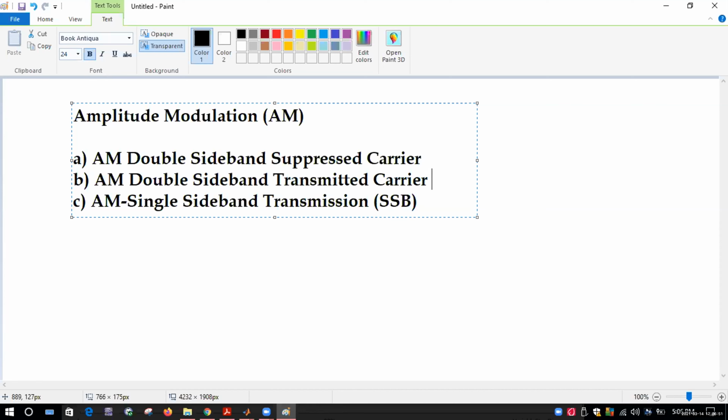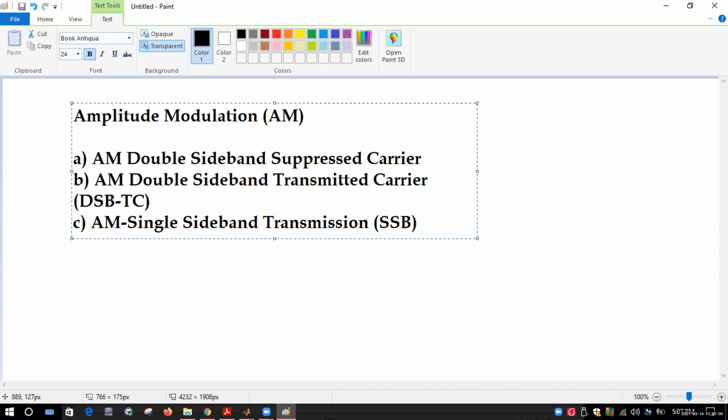This one is in short form DSB, double sideband transmitted carrier, and this one is double sideband suppressed carrier.